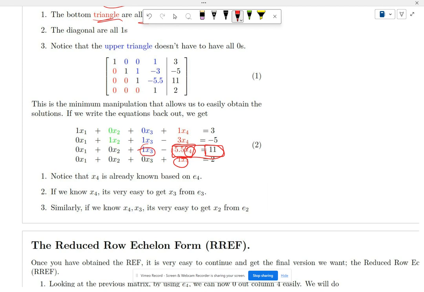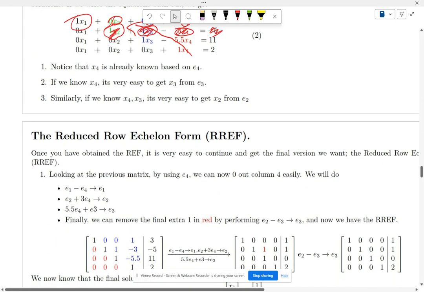Now we know x4 and x3, so these are all constants, and all we have is x2, so we can solve for x2. Now we know x2, x3, x4, so the only term is x1, and we can solve for x1. In the end, we're going to know what each one of these is as you iteratively go backwards.